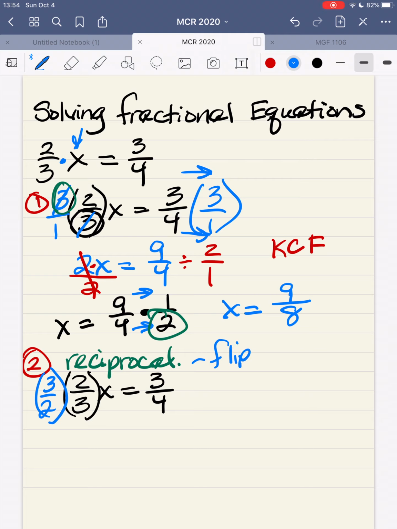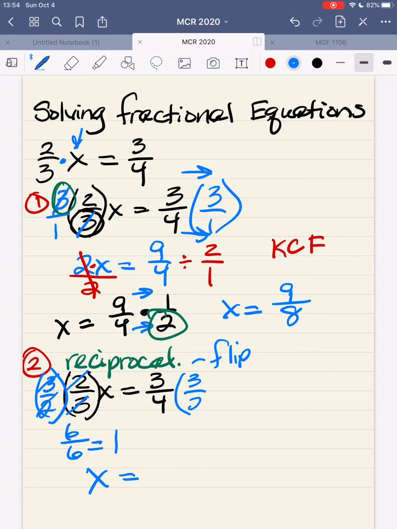This allows me to have a fraction that is 6 over 6, which is equal to 1. And 1 times x is just x. That's what we want to happen, which gives me just the variable on that side. Or you could think of them as canceling. Up to you.